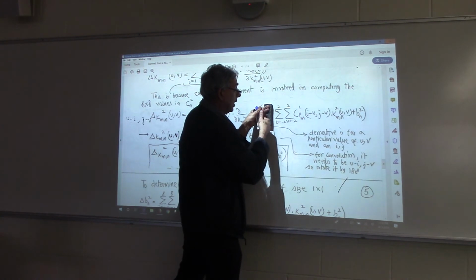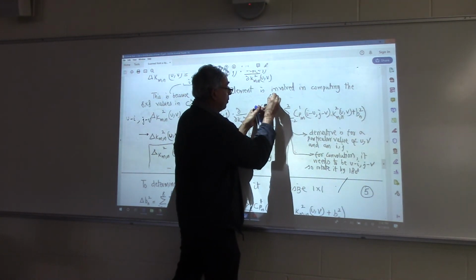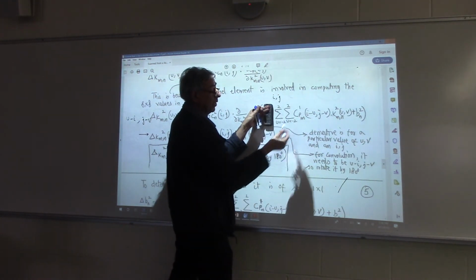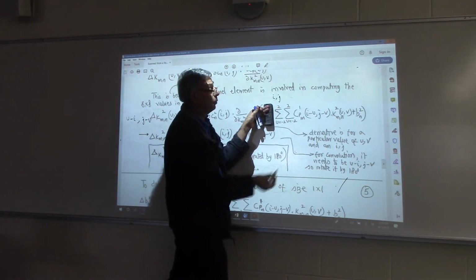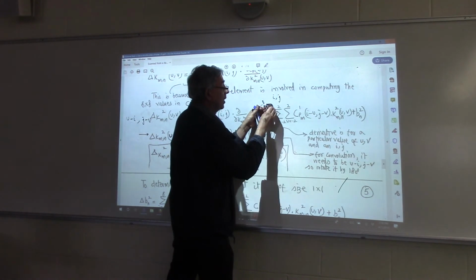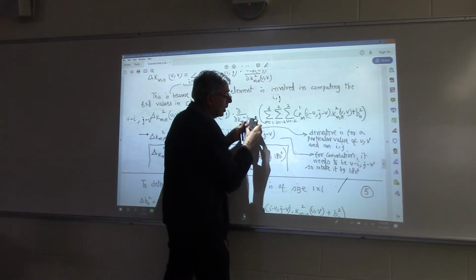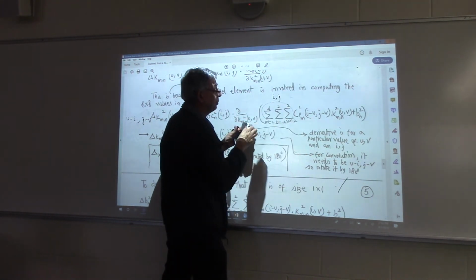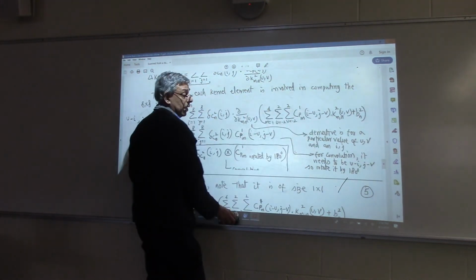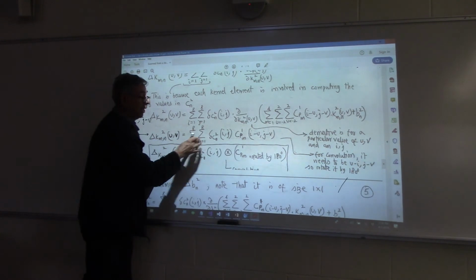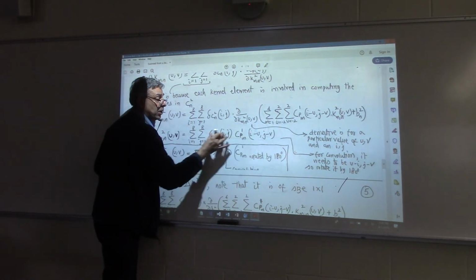In the forward pass, we were trying to produce an answer at I of j. So that's why this was I minus u, j minus v. But once we took the derivative, this whole summation disappeared. But there's an outer summation over here, which is on ij. So that basically now is no longer a convolution of these two.